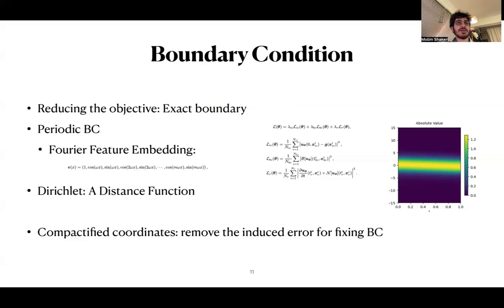For a Dirichlet boundary condition, we can use an embedding of a distance function from the boundaries, and we can set the specific value of the function at boundaries to match our given Dirichlet condition.